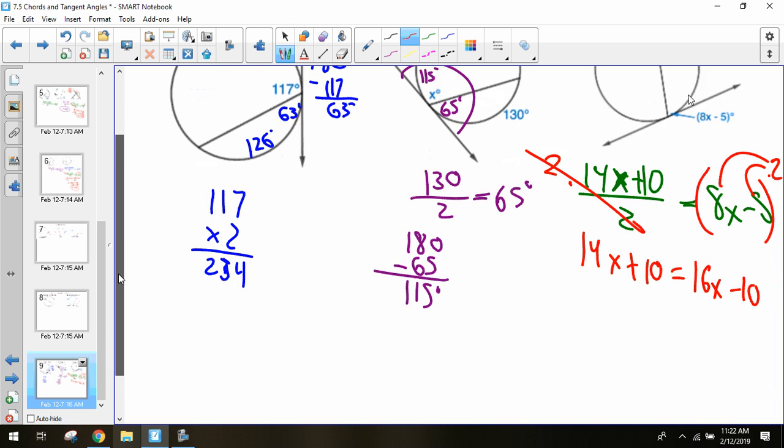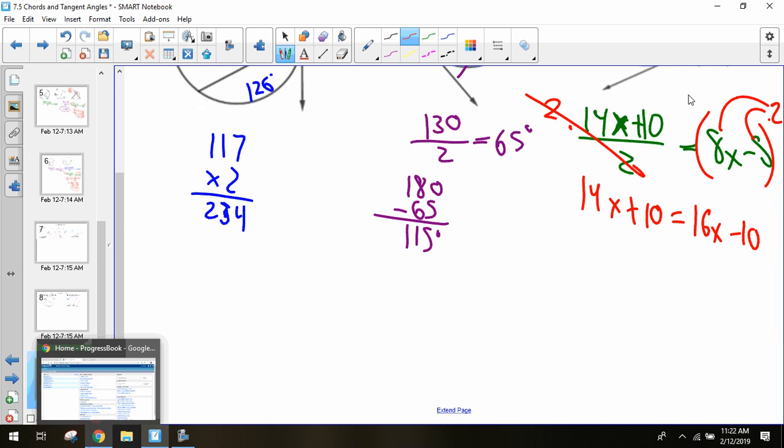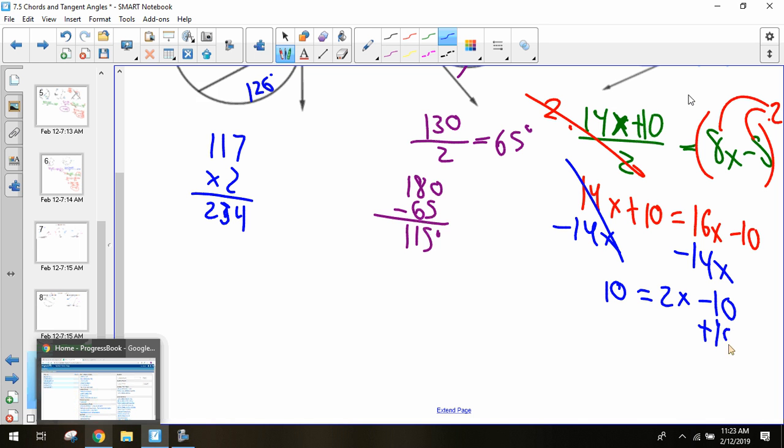And now from here we can start combining our like terms and solving. We get our x's together, so I would say subtract 14x. And once again, you might do it in a different order, that's okay. That gives us 10 equals 2x minus 10. Add 10 to both sides, and that gives us 20 equals 2x. And then divide by 2 to get x.